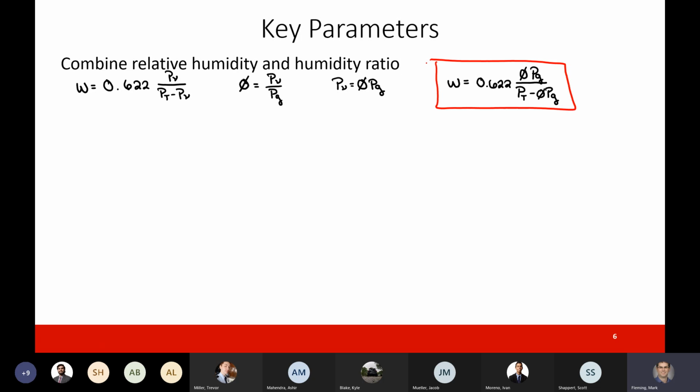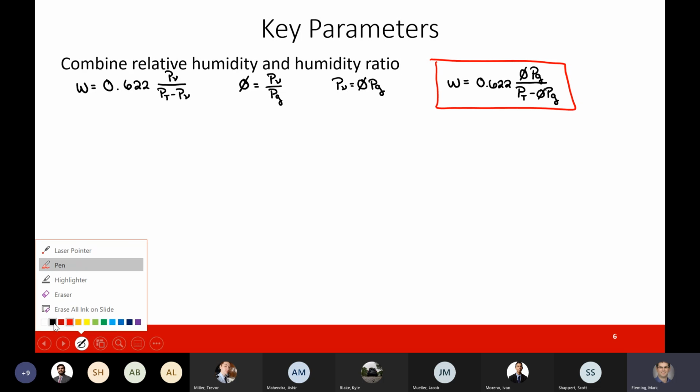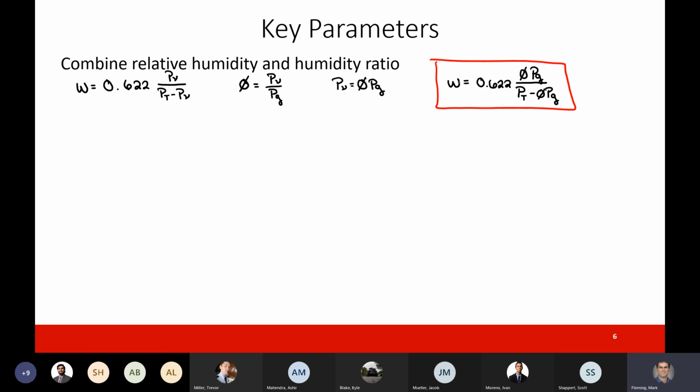If we know the relative humidity and the temperature, we're able to calculate the humidity ratio using our knowledge of the system. We could also do the opposite.